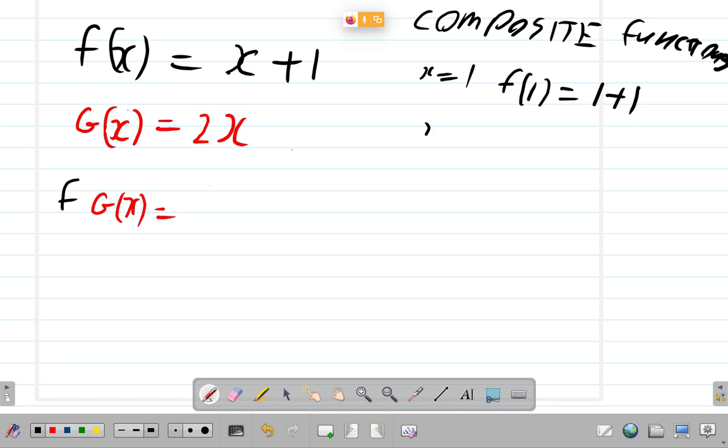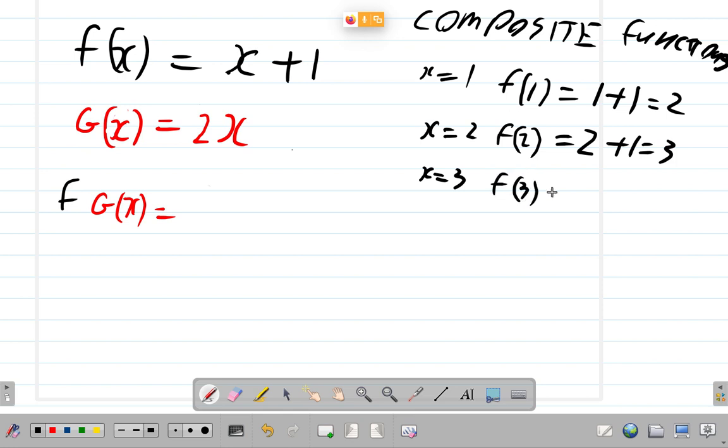When you find f of 2, you remove the x, you put 2 there, 2 plus 1, which is 3. If you're going to find what happens when x is 3, then you would find f of 3. F of 3 would be, you remove the x, put 3, and plus 1. 3 plus 1 is 4. And so on and so forth.